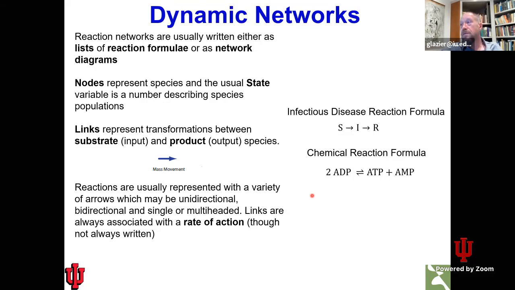In the case of a chemical reaction here, two ADP molecules go to ATP plus AMP. In that case, the interaction is reversible, and so this arrow points both ways. In the case of my simple infectious disease model, S goes to I goes to R. Those are unidirectional.